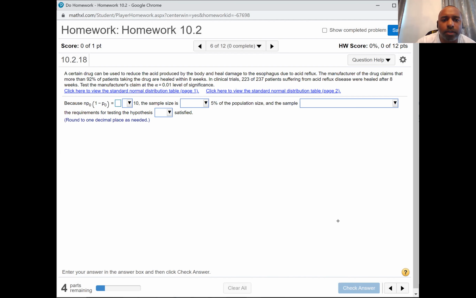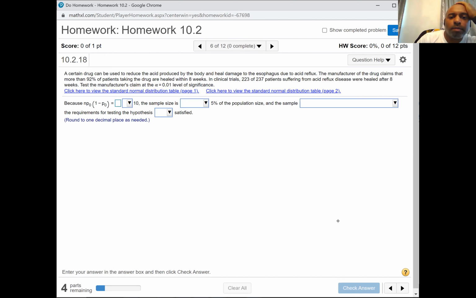Here we have a certain drug that can be used to reduce acid produced by the body and heal damage to the esophagus due to acid reflux. Notice this time they give us a word problem.